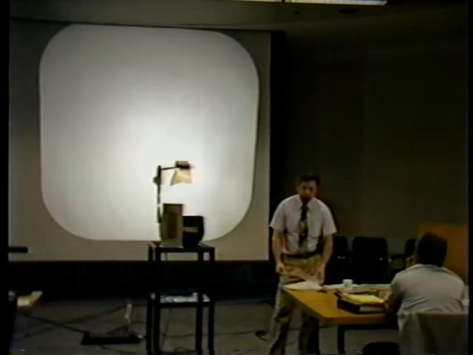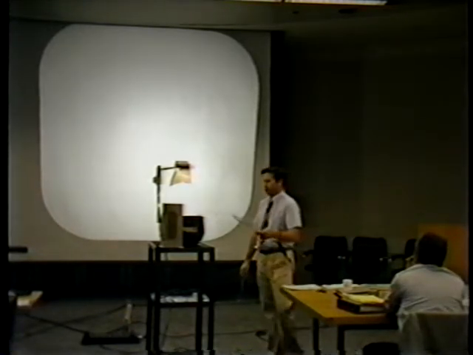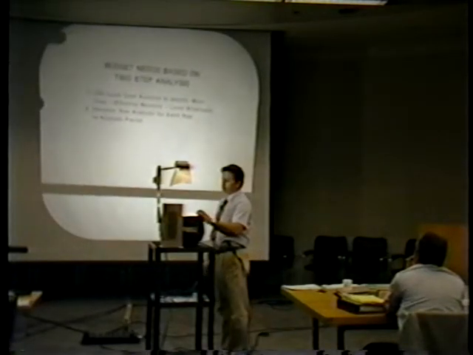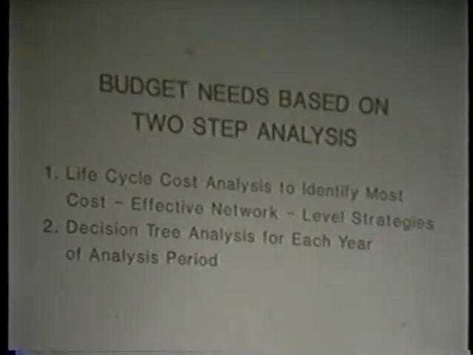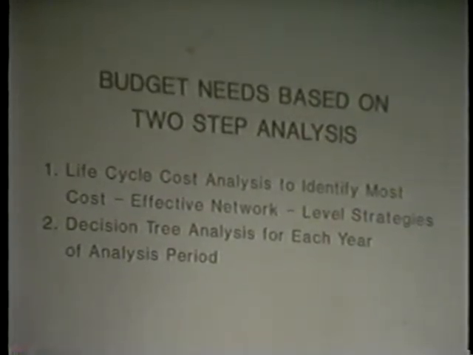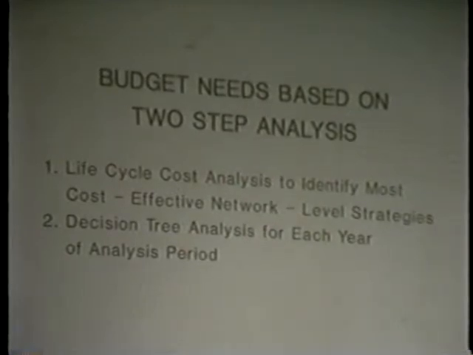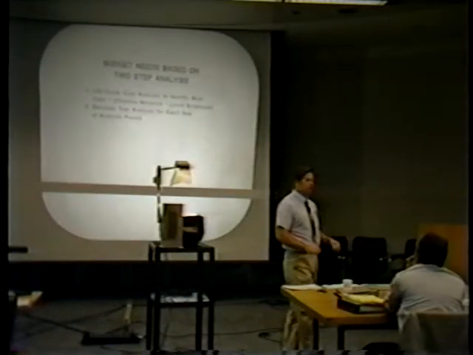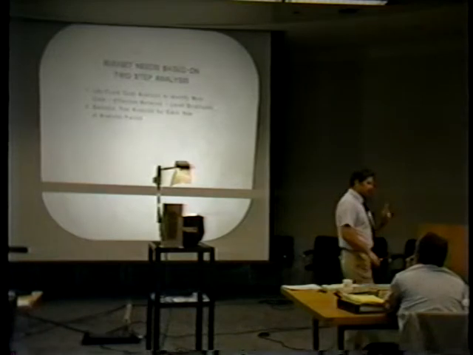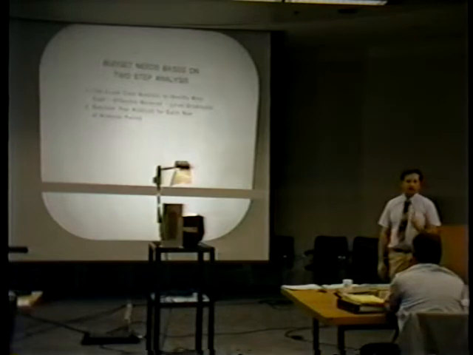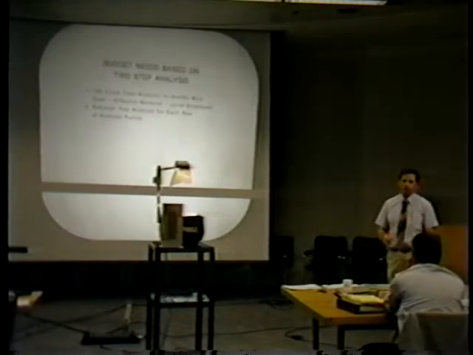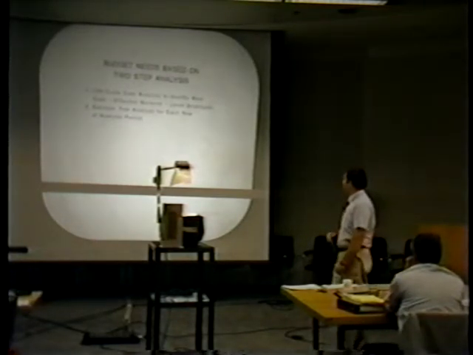We then need to come up with the budget needs. The budget needs is based on a two-step analysis. The two-step analysis is covered in the third of the training sessions. We discussed the life cycle cost analysis to identify the most cost-effective network level strategies. And when we talk about strategies, instead of just talking about the first time fix, we talk about the best maintenance treatments applied in a series over a 20, 30, 40-year period to get the best life cycle cost.